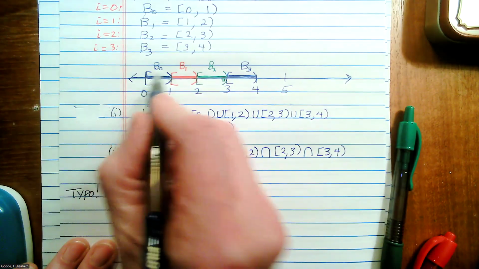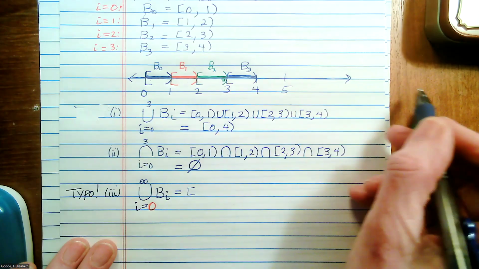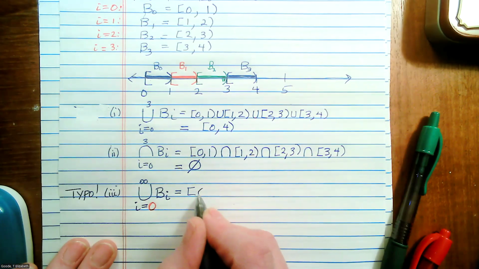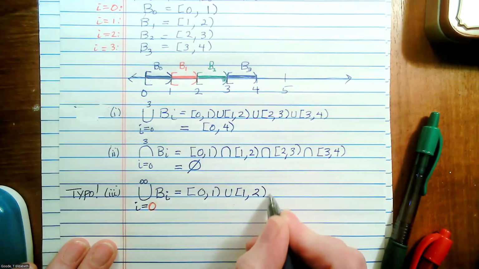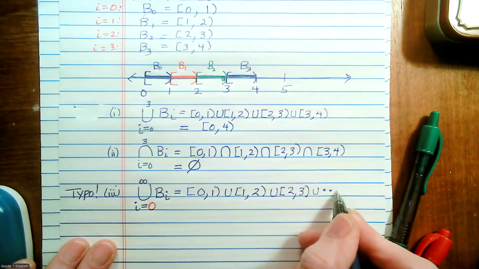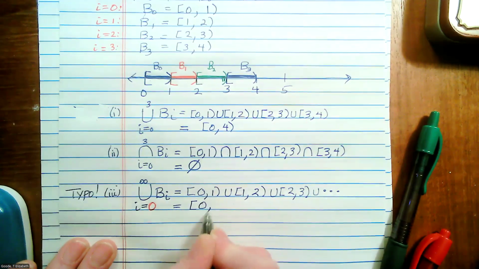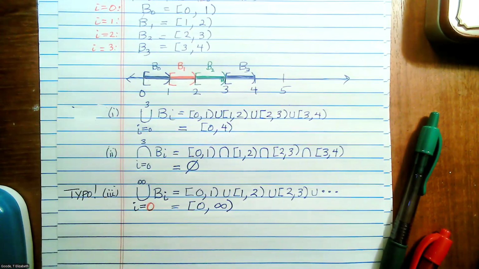So it's this one, union this one, union this one, union this one, keep on going forever. What's that going to be? Is it going to be 0 to infinity? It is. Include the 0. And of course, infinity is not a number, it's an idea, so we don't ever use a square bracket with infinity.